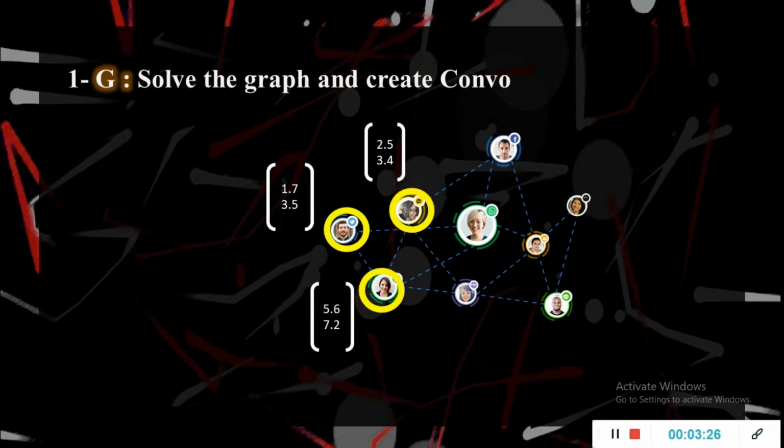Now to convert into a convo, we need to neutralize information. What I mean by neutralization is normalization of the information. Everybody has to share their information with everybody. Like in this example, these two people need to share information with that node, and similarly for the others.